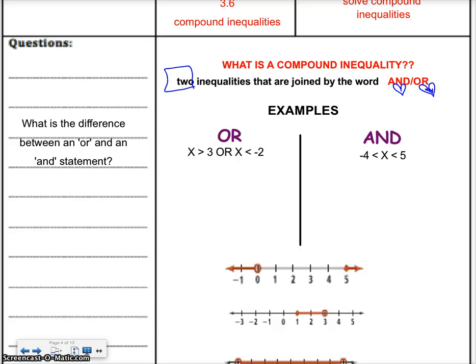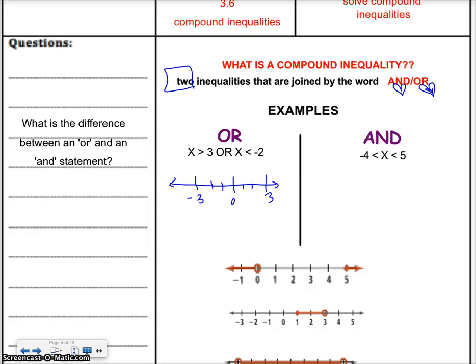So here's an example of an or inequality. X is greater than 3 or x is smaller than -2. That's two inequalities, not just one. Notice that I have my x is bigger than 3 here, and I have my x is less than -2. How you graph that, -3, -2, -1, 0, 1, 2, 3.